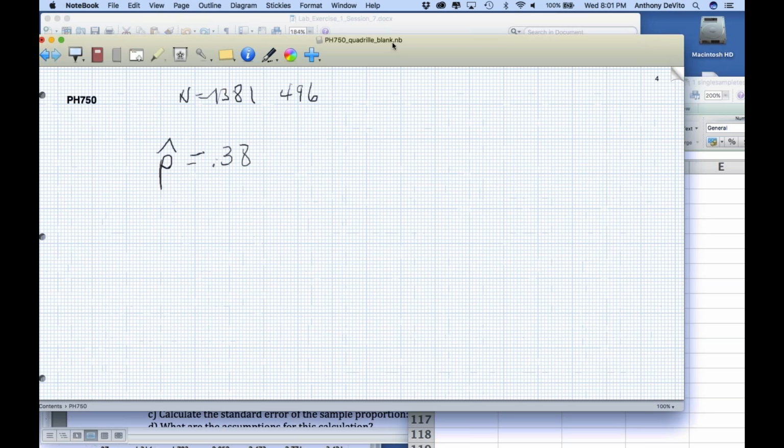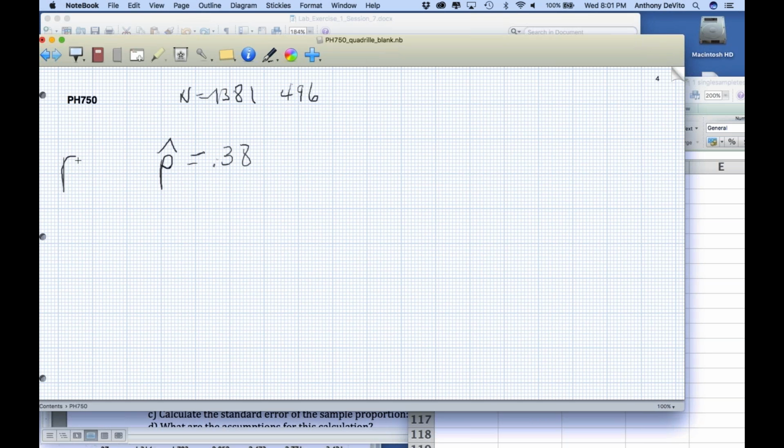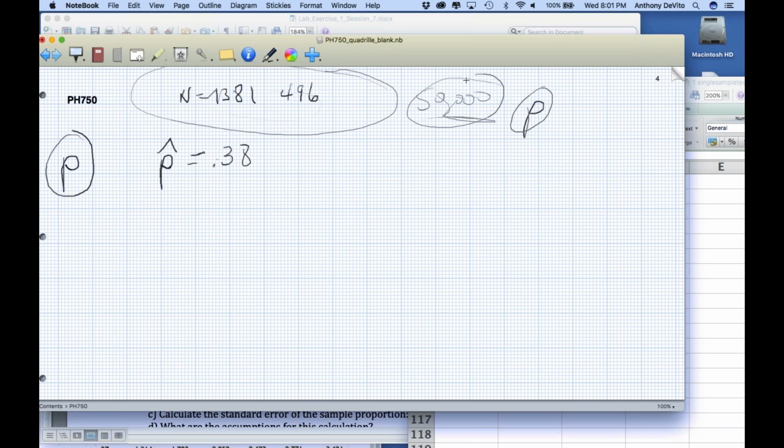What we're really interested in is what p is. p is the proportion of all people that are marching in the parade. Maybe there are 50,000 people marching in the parade. So this is a relatively small sample out of 50,000 people, but we really want to know the proportion for all of those people.